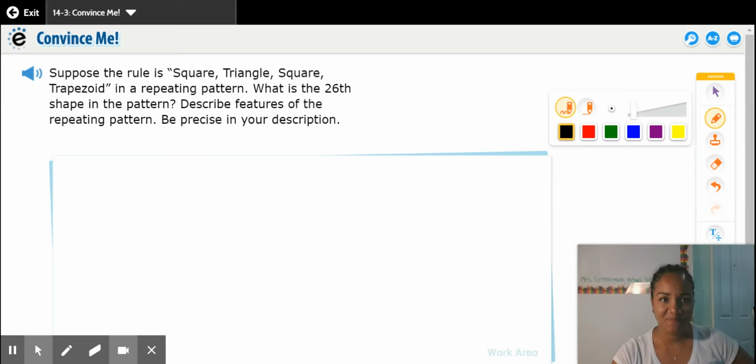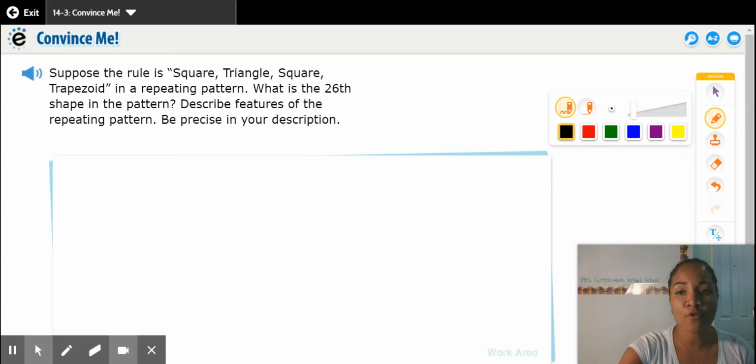Well, remember I said that when it's a word problem, it gets really wordy, so we want to take it period by period. So it said, suppose the rule. And remember I said the rule is what you're expected to do. In a pattern, they're giving you your core group. And we talked about the core group being the base shapes.